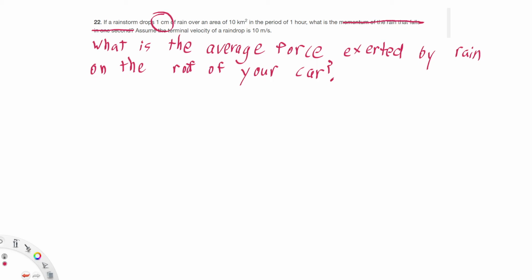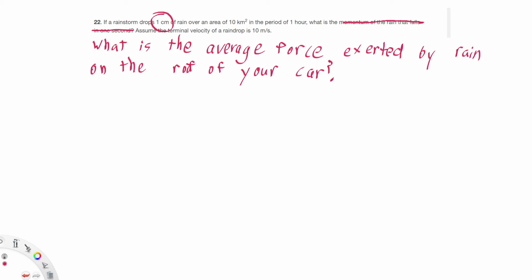But what does it mean if we say that there was a centimeter of rain last night or an inch of rain last night? Yeah, total accumulation. That's right.